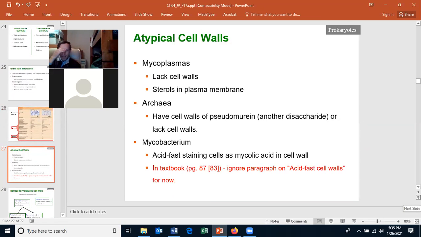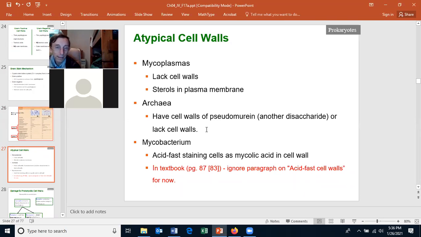Now, with that stated, let me mention that there are some cells which are atypical from the gram-positive and gram-negative cells. So let's talk a little bit about that. I'm going to skip down to the archaeobacteria first because we're not really going to talk much about them. They have a different cell wall than the bacteria.